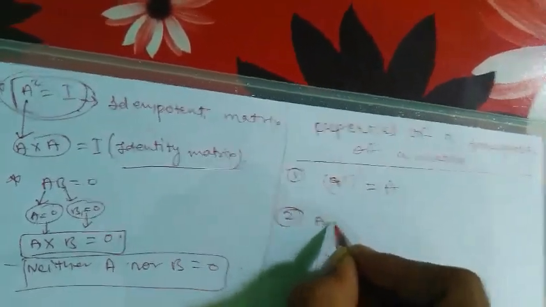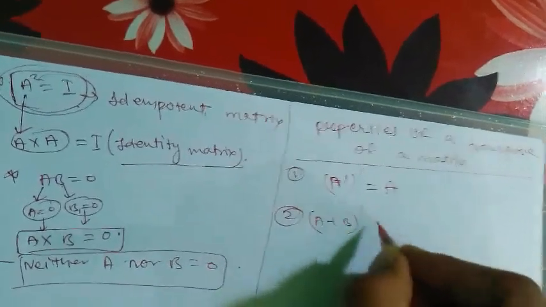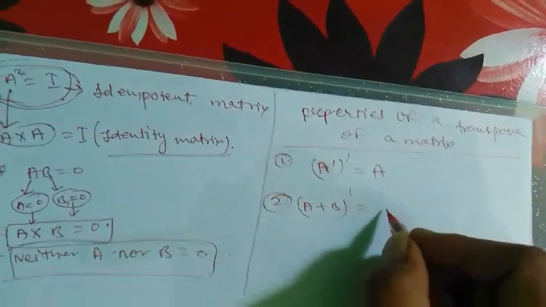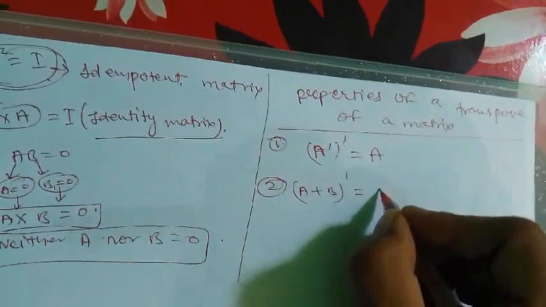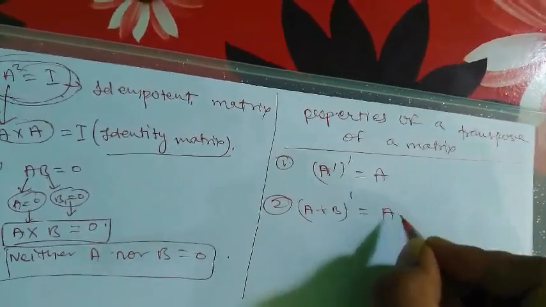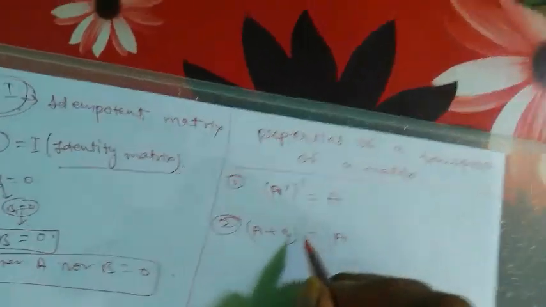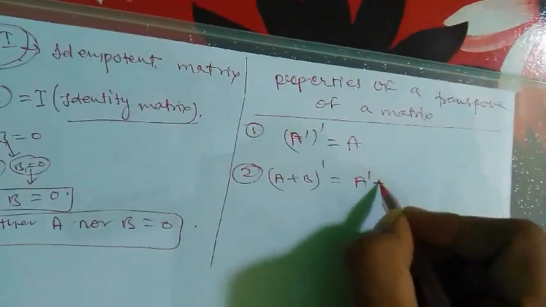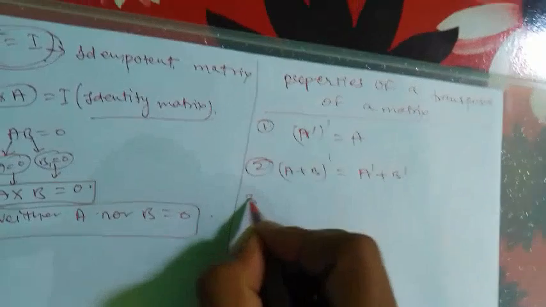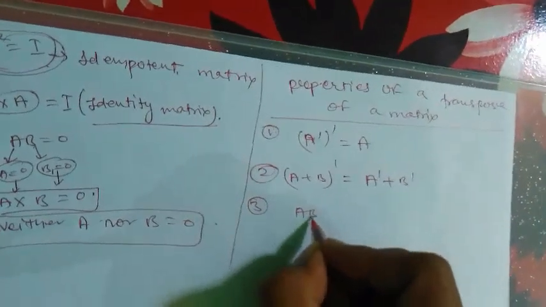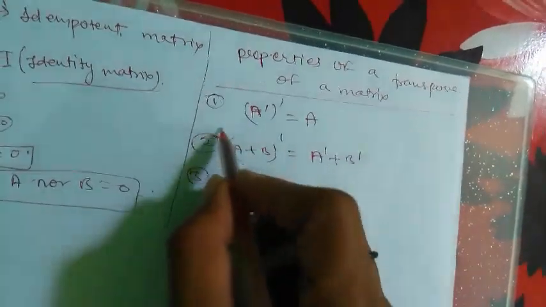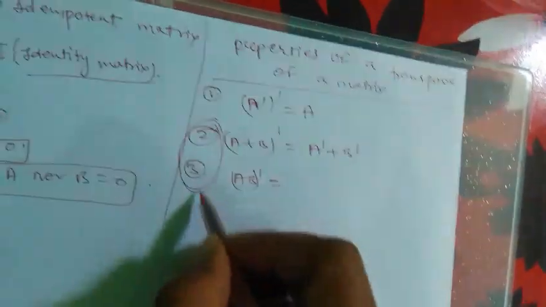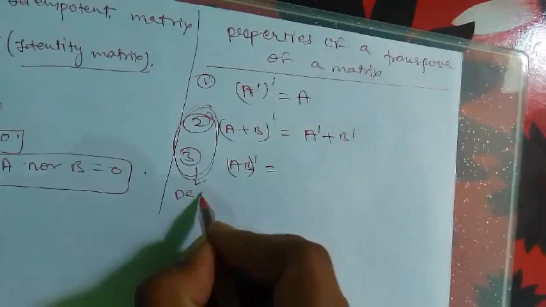Property 2 is the transpose of A plus B. Here we will find that the transpose of A plus B is equal to A transpose plus B transpose. And the third one is the transpose of AB. These two theorems are from De Morgan's theorem.